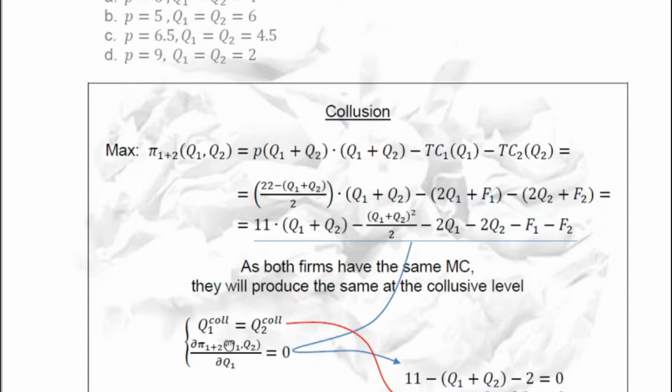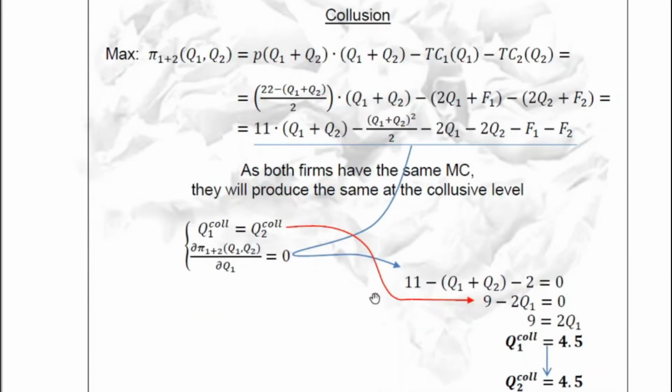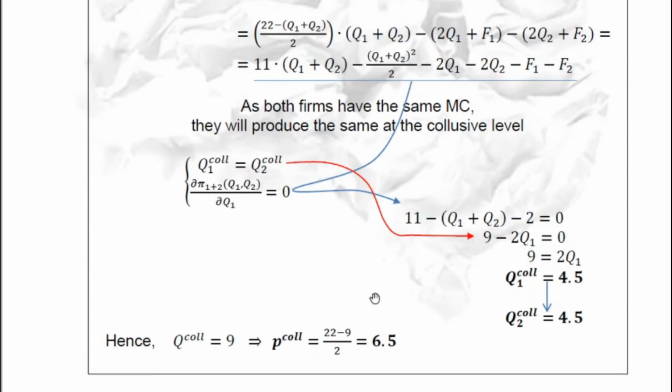So you need to remember this. So you differentiate this with respect to any of the two variables, and then you substitute this condition, because if both firms have the same marginal cost, they will decide to produce the same. Okay, it's not logical to make another decision.